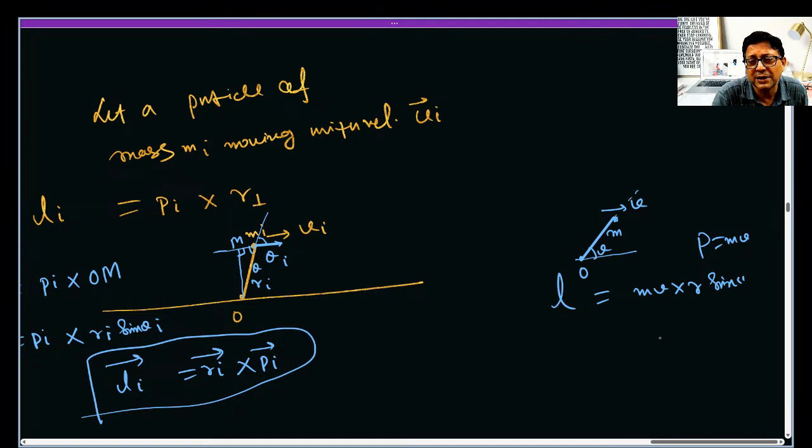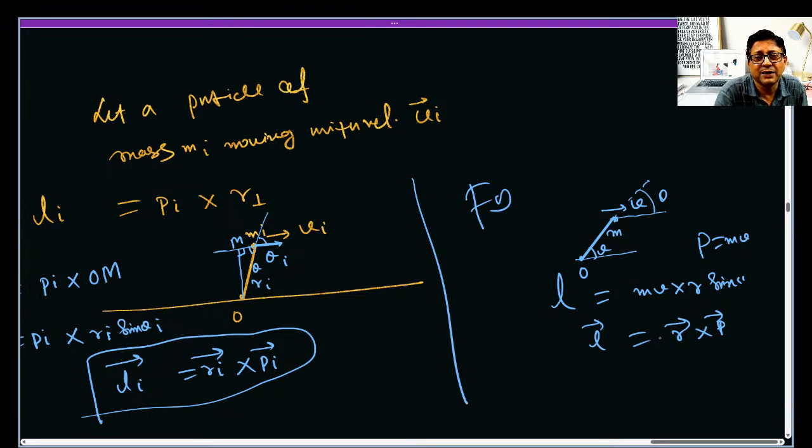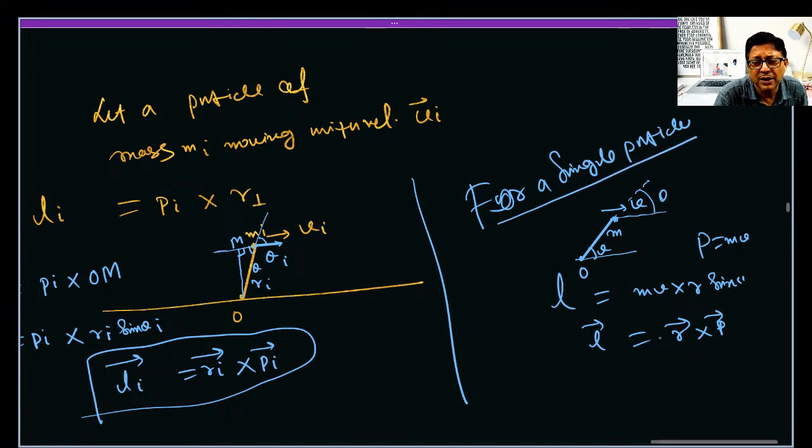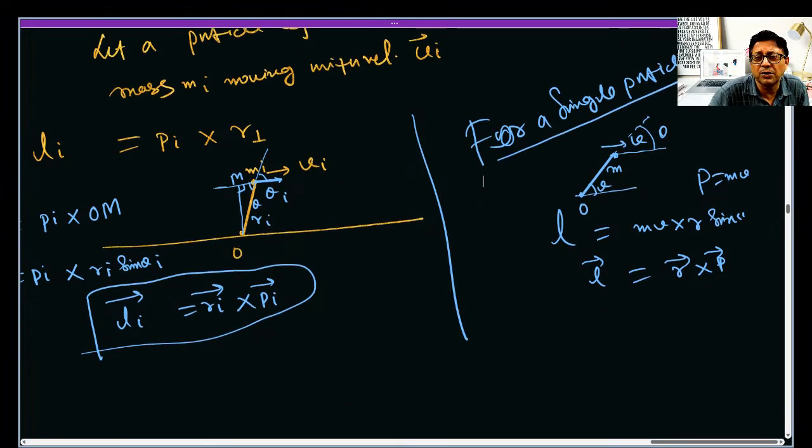This is theta, this is also theta, so r cross p. L is r cross p for a single particle. For the ith particle I am coming back. For a single particle, L equal to r cross p. Got it?